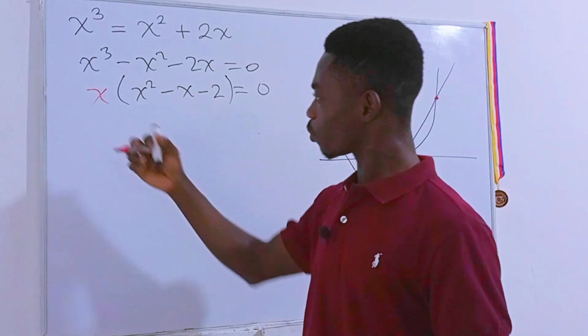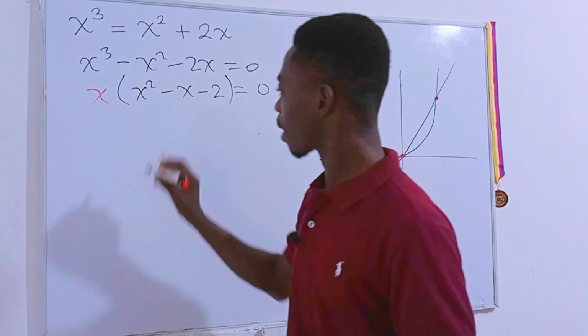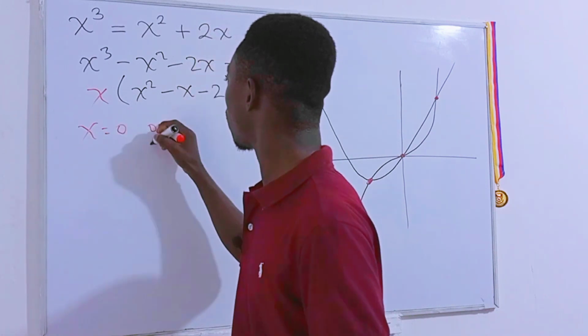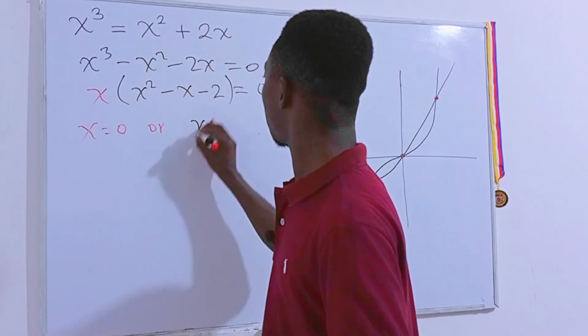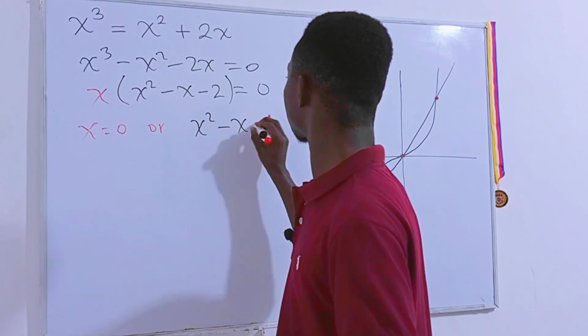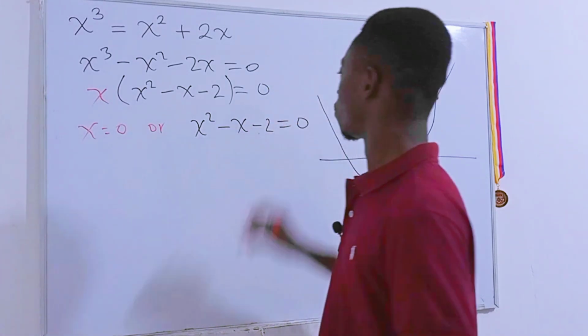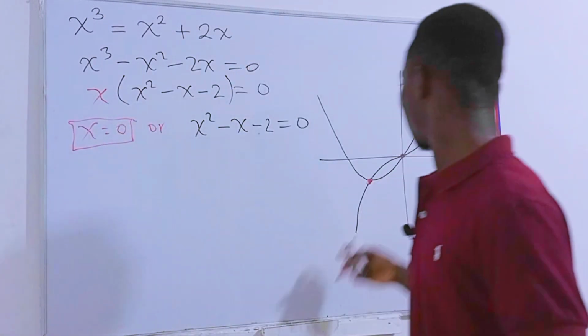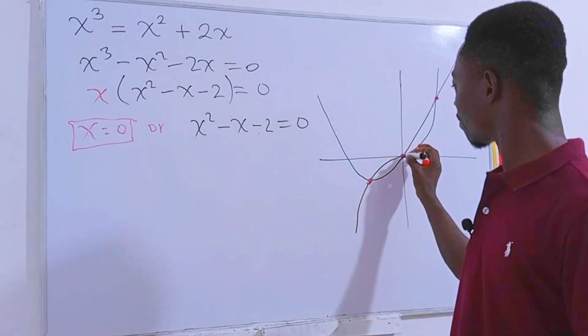And now we can form two equations out of this. In fact, the first equation is going to be x is equal to 0, or the second one is going to be x to the second power minus x minus 2 is equal to 0. This is one of the solutions, of course, right from here. The origin right here, right?